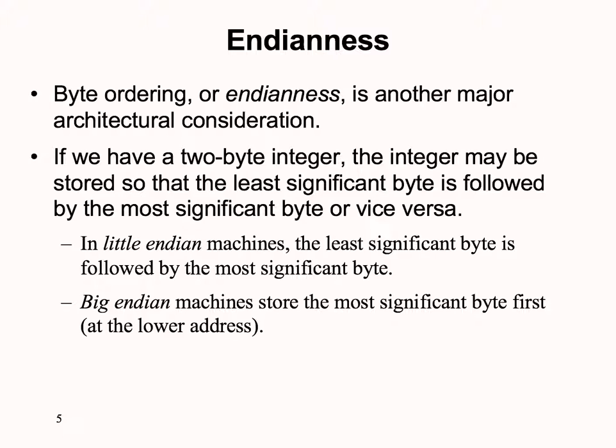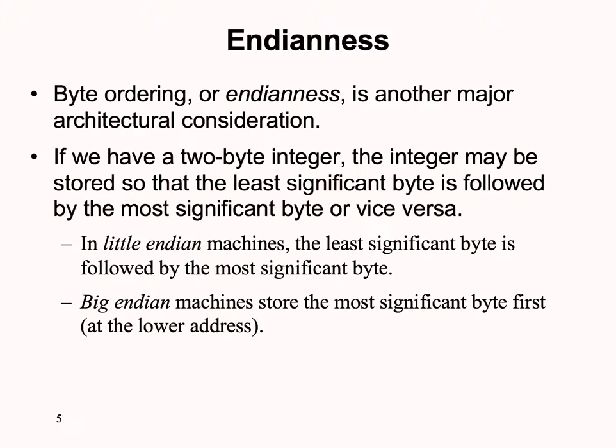Another concept in instruction format is endianness. The term endian refers to a computer architecture's byte order, or the way the computer stores the bytes of a multiple-byte data element. Virtually all computer architectures today are byte addressable and must have a standard for storing information requiring more than a single byte. Let's say we have a 2-byte integer.